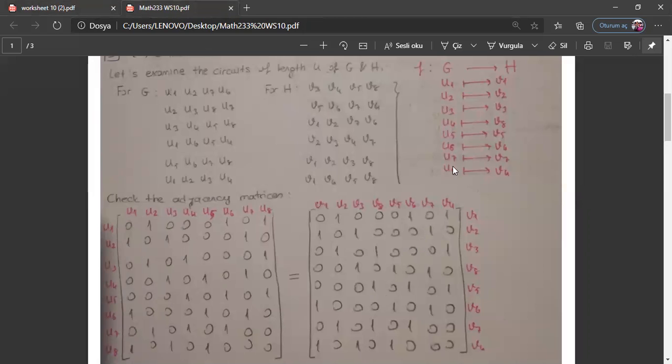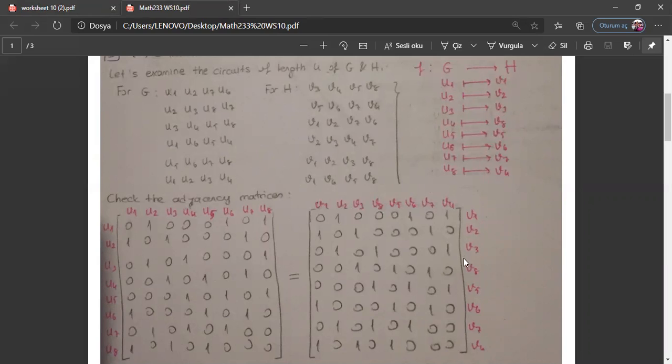What about the second one? Again, we use this function f. So we have these images for these vertices. The order of the vertices for H should be like this, because we should use f. For example, we write v1, v2, v3, but not v4, but v8, because the image of u4 is v8.